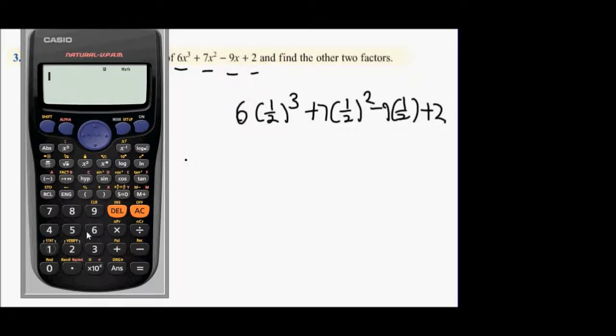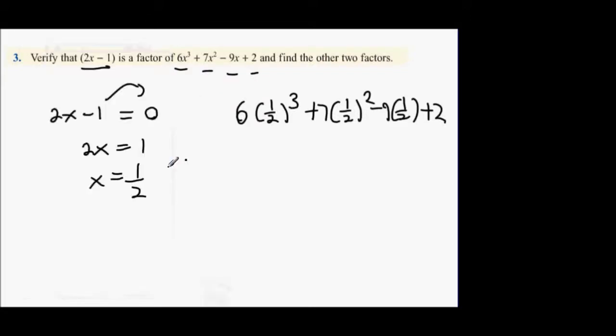I'm going to use 0.5 just because it's easier to write. 6 times 0.5 cubed, plus 7 times 0.5 squared, minus 9 times 0.5, plus 2. We can see that it is 0.